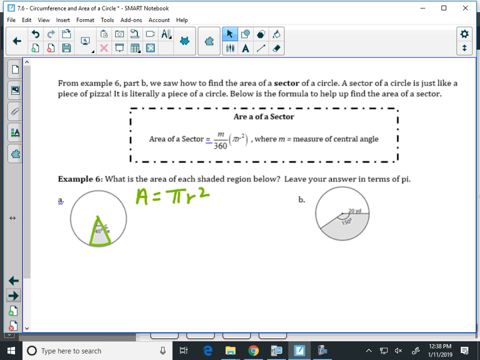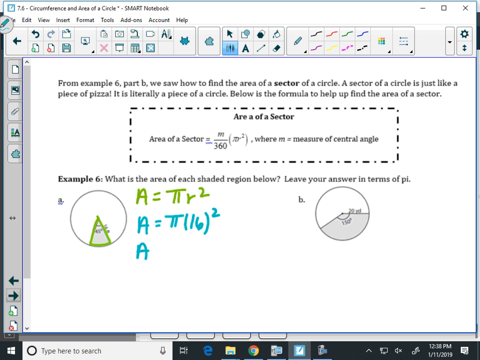What is the radius of the circle? What are we going to plug in for r? 16. I'm going to leave it in terms of pi first. What's 16 squared? 256. So the area of the entire circle is 256 pi.